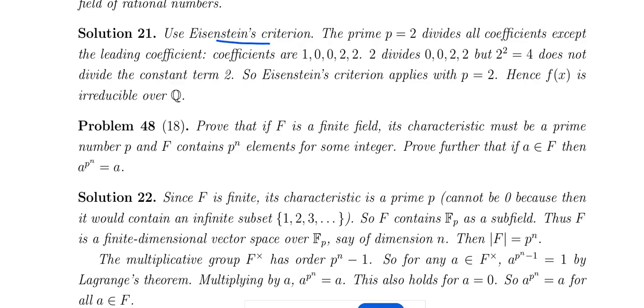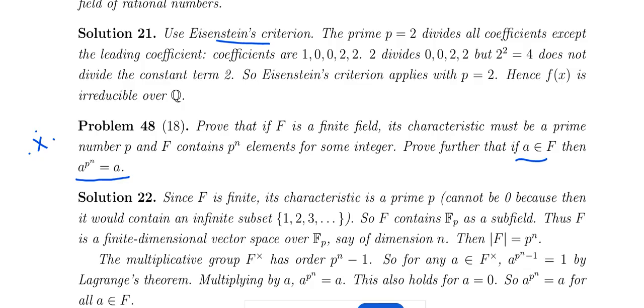If F is a finite field, its characteristic must be a prime number p, and F contains p power n elements for some integer n. If a belongs to F, then a power p power n equals a. It is also very important.